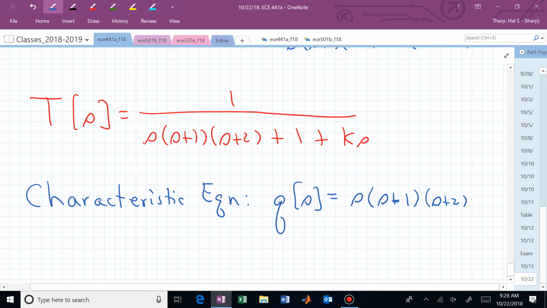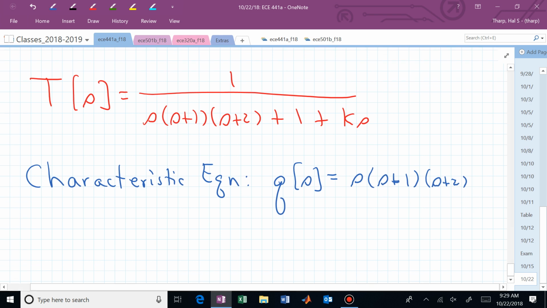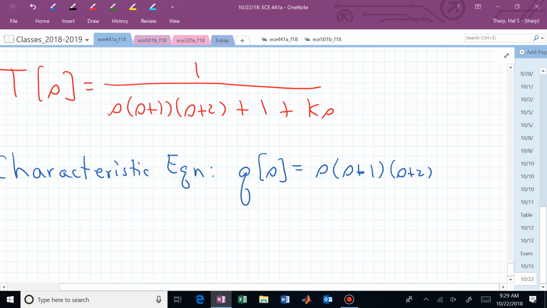Let me use a Q here, although I promised we would go from deltas to stars, didn't I? Oh boy. Oh well, we'll have to change. Sorry, I promised you deltas. We're going to go from Q's to stars. Q is now s, s plus 1, s plus 2, plus ks plus 1.